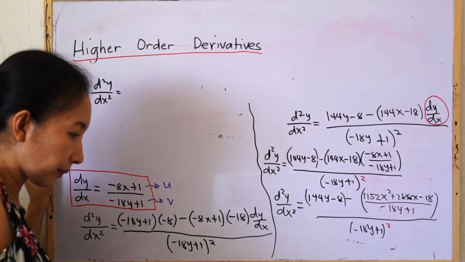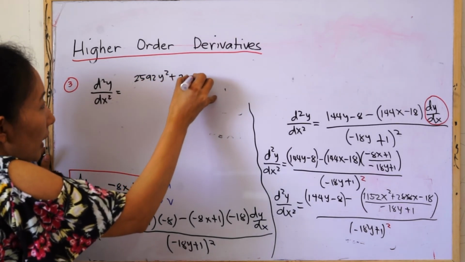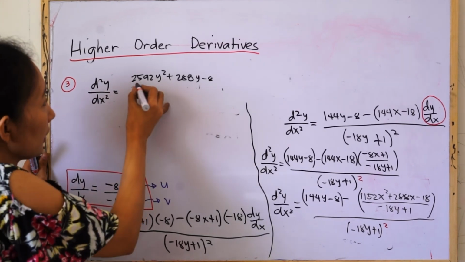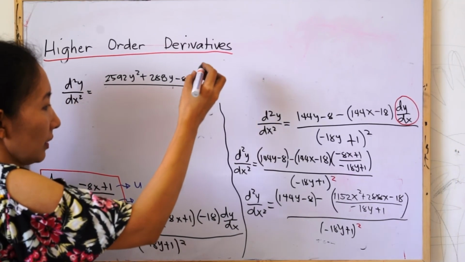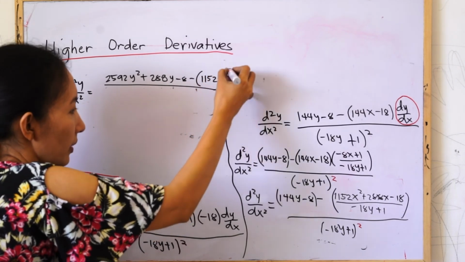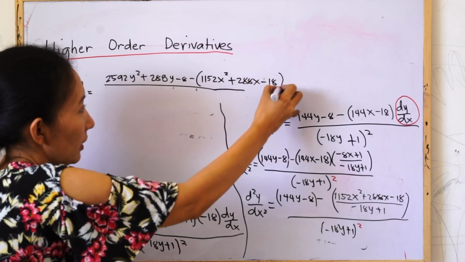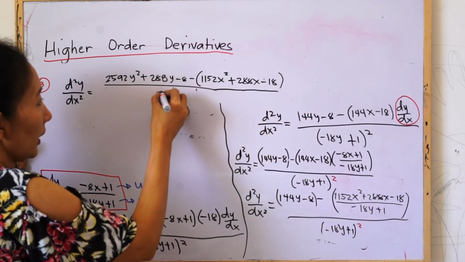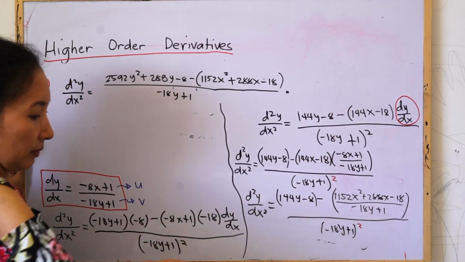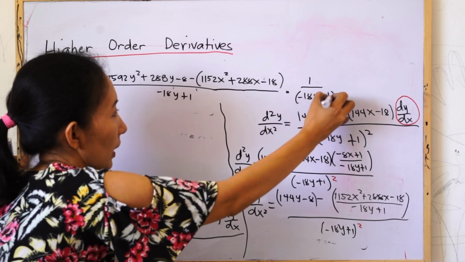So 144 times 18, correct? 2592y squared plus 288y minus 8, minus the whole of 1152x squared plus 288x minus 18, all over negative 18y plus 1, times, to save space, 1 over negative 18y plus 1 to the second power.